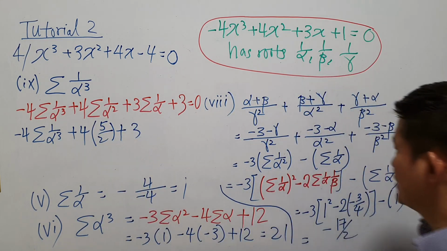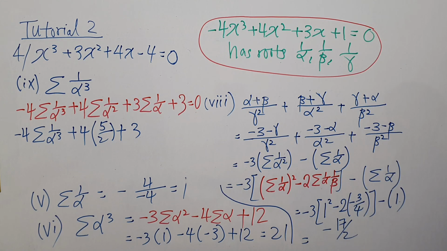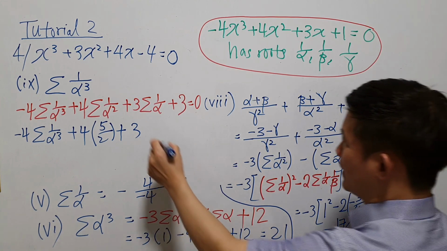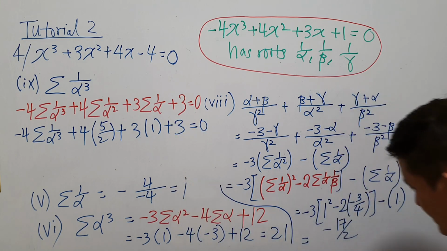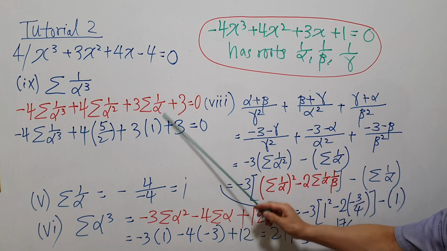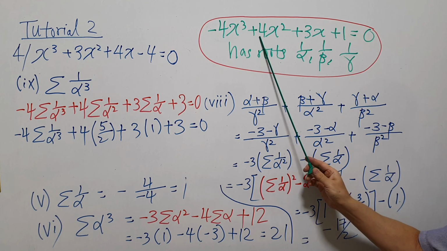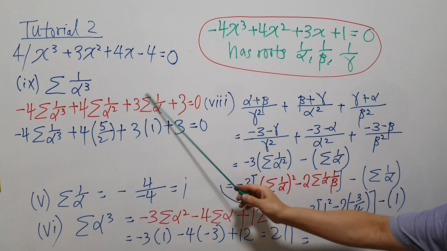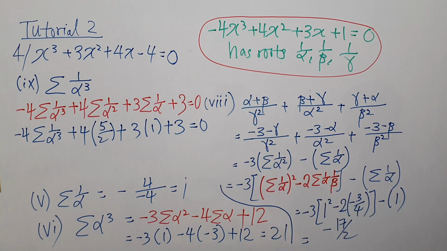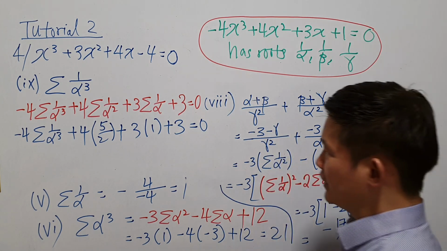3 times the summation of 1 over alpha, which we found just now, was 1. The summation of 1 over alpha is minus b over a, since these are the roots. So now I calculate these things.